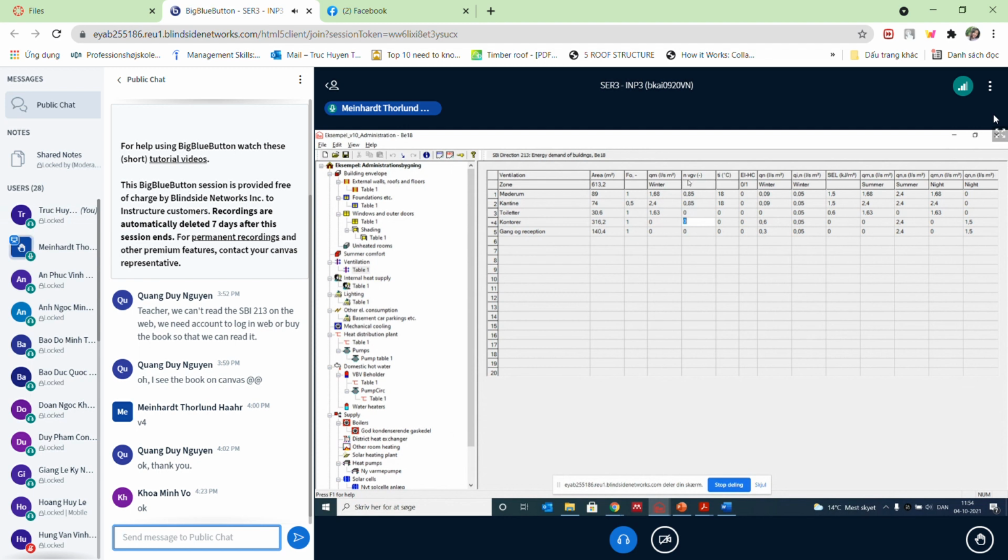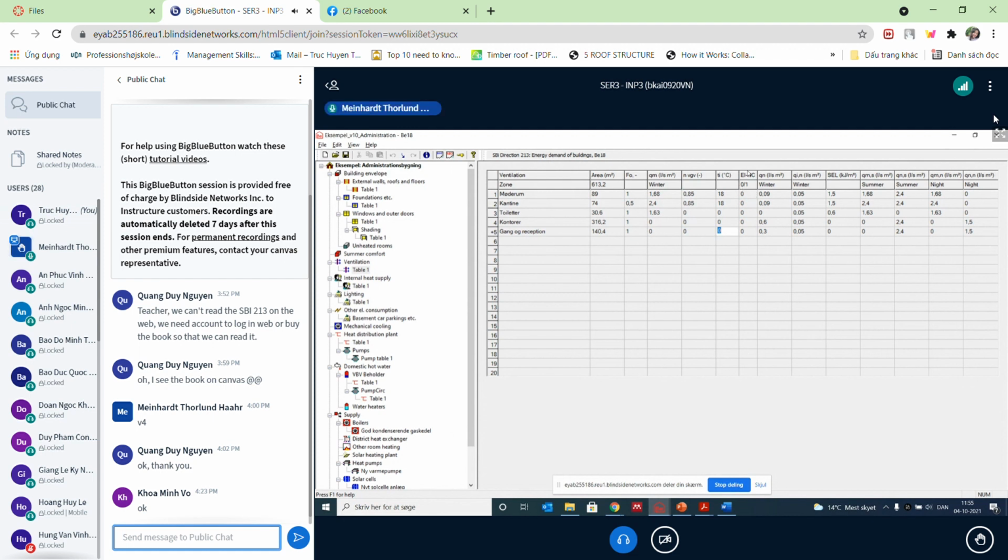Because it's natural ventilation, there's going to be no heat recovery factor, whereas for the meeting rooms and the canteen we actually recover some of the heat that we extracted. This will be the inlet temperature. If we don't have mechanical ventilation, it's just going to be 0, meaning it's the outdoor temperature.